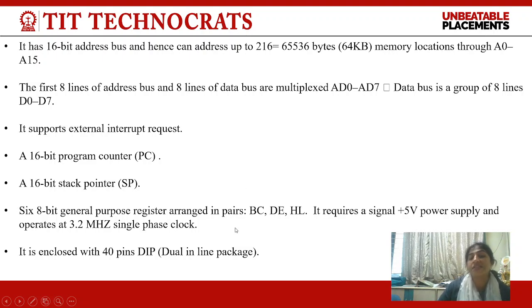It has 6 general purpose registers, that is B, C: B is of 8 bits, C is of 8 bits, and if we use these two registers together, it is of 16 bits. Similarly, D and E are two 8-bit registers, and if we use them together, they form a 16-bit register. Similarly, H and L are general purpose registers, and they are basically used to store the result.